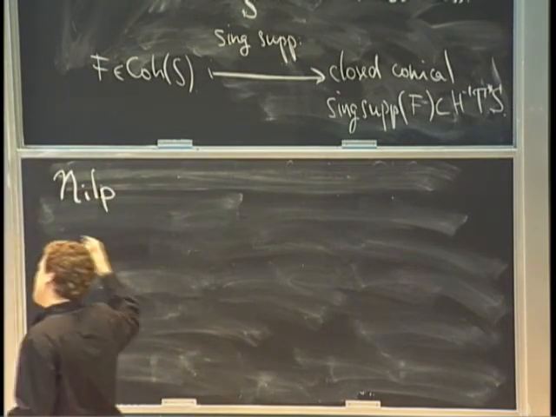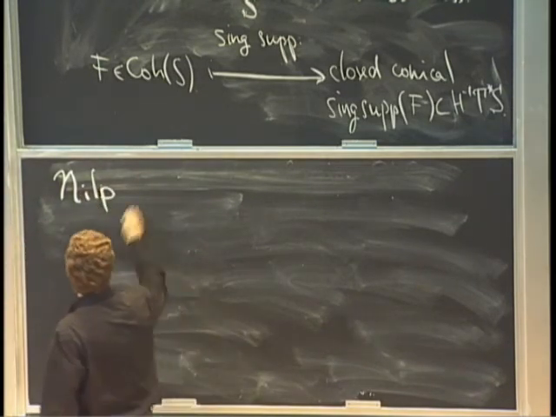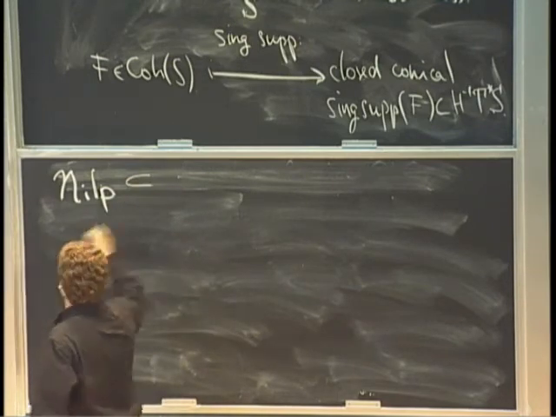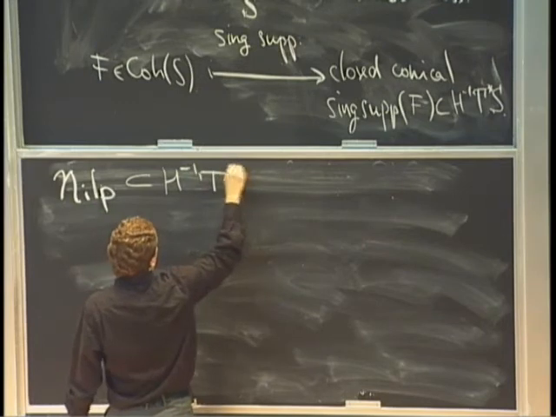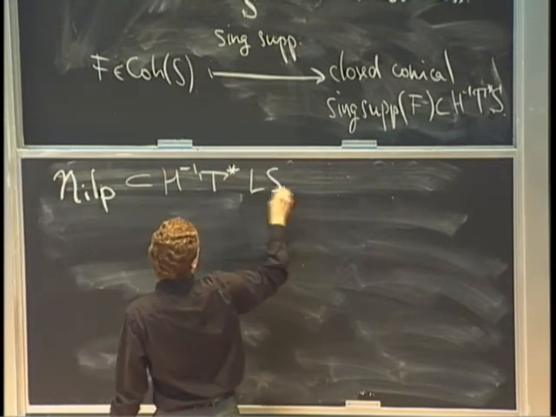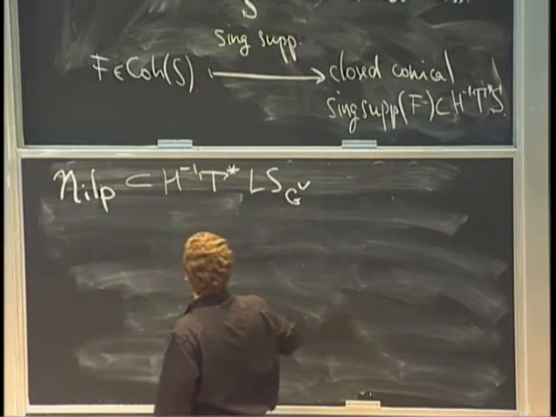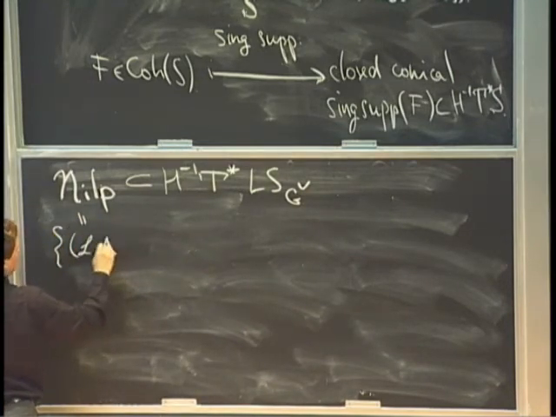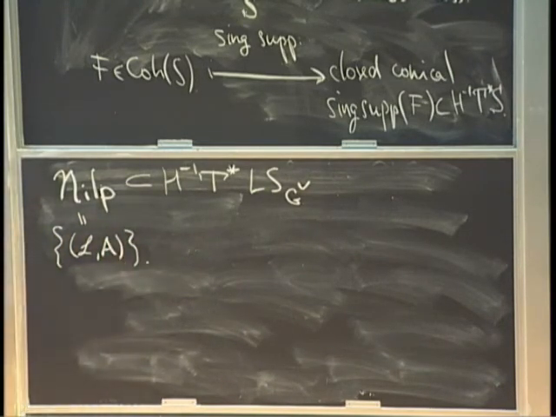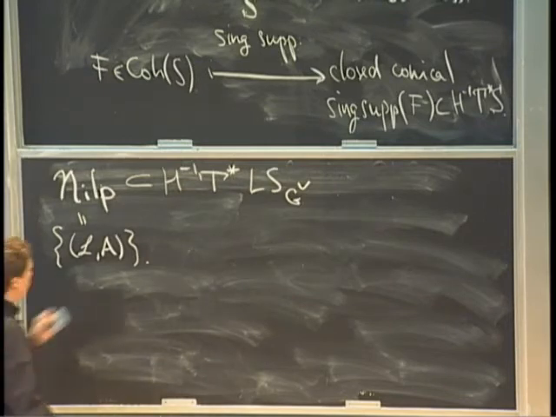Maybe I should call it the global nilpotent cone, but that's the only one that appears in this talk, so I'll just call it that. Let me denote by nilp the locus of pairs, local system and infinitesimal symmetry, where this infinitesimal symmetry is required to be nilpotent.